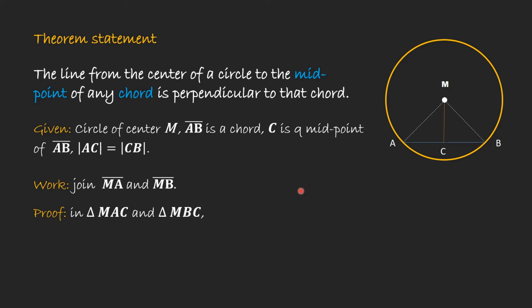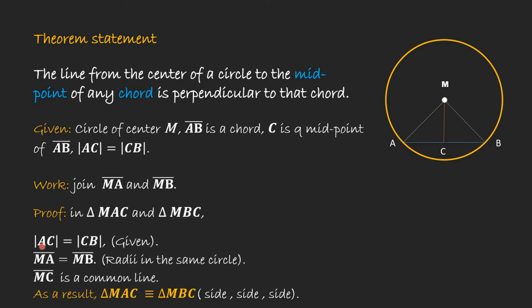We have the triangle MAC and the other triangle, MBC. If we can prove these two triangles are identical, are congruent, therefore we will be able to prove that this line is perpendicular on AB. Let's see how we can do that.